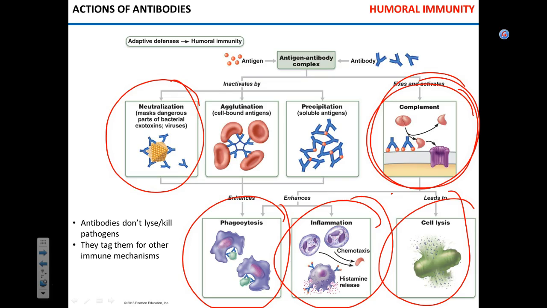That makes sense? So neutralization. They can agglutinate. For instance, this IgM shown in this picture, right? It's going to bind multiple cells and clump them all together, limiting their motility or making them an easier target for macrophages.